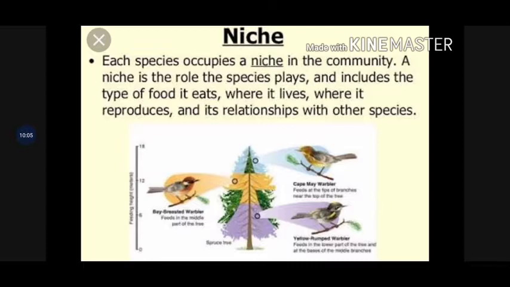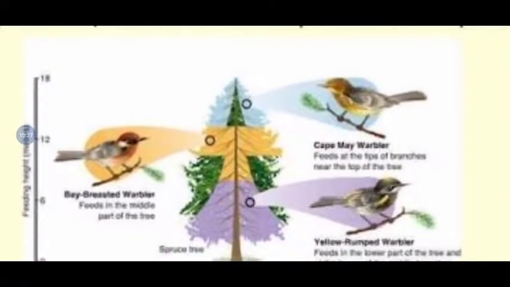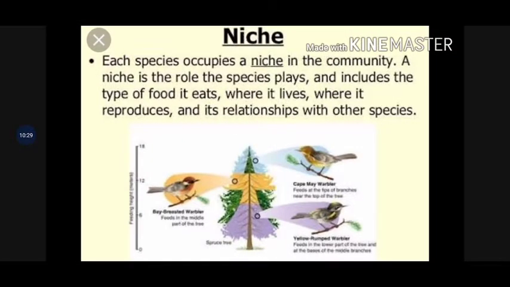A niche is the role the species plays. It is the area where the species plays its functional role and includes the type of food it eats, where it lives, where it reproduces, and its relationship with other species. So a niche is the area where any animal or organism performs its functional role.